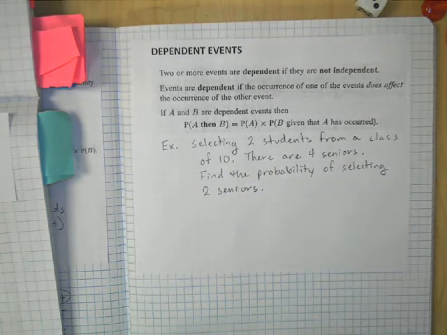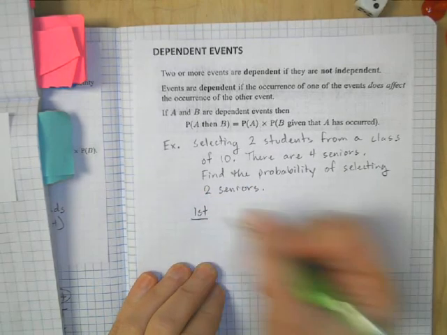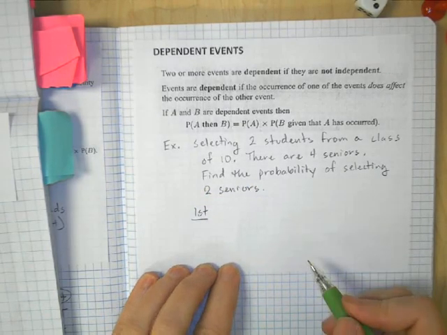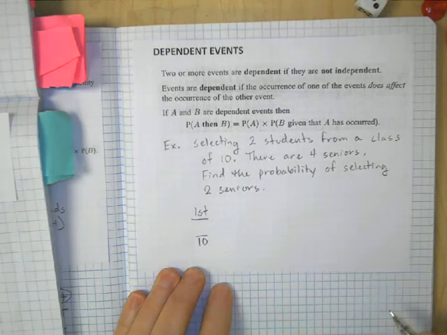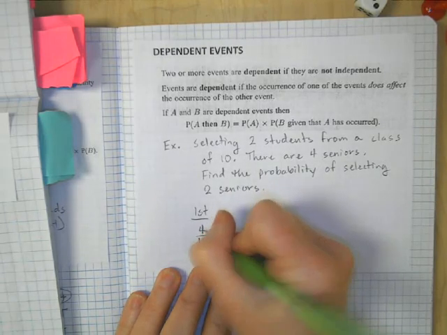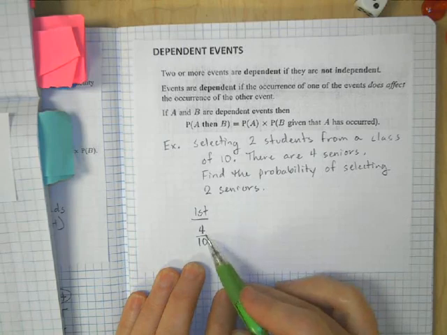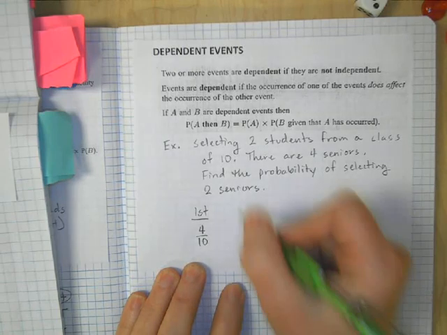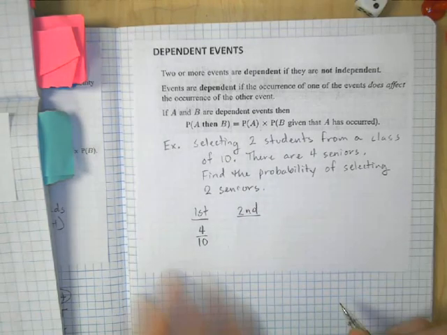My first student, how many choices do I have? I have 10 students to choose from. How many of them are seniors? 4 of them are seniors. Since I'm interested in selecting 2 seniors, we have to assume that I've now selected a senior. So for my second selection, how many seniors do I have left?